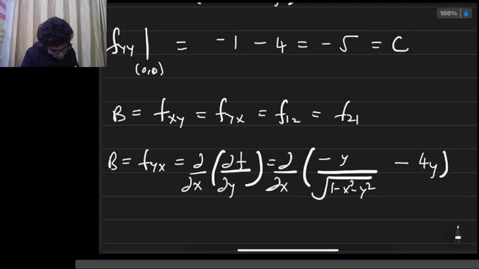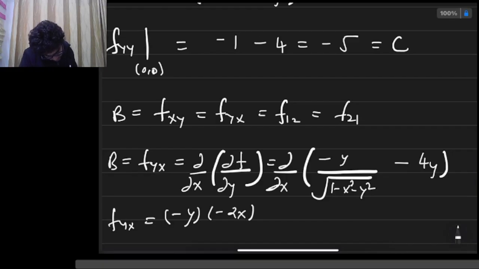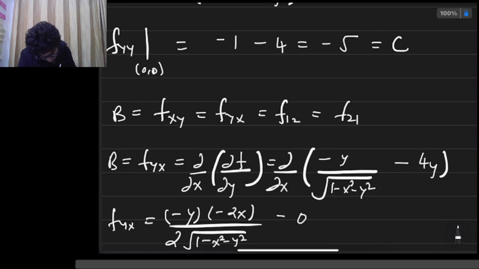So this gives me fyx as minus y and minus 2x over 2 root 1 minus x square minus y square, and this is 0. And evaluating fyx at 0 comma 0, this gives me 0, because if I put 0 in place of x and y, it gives me 0.